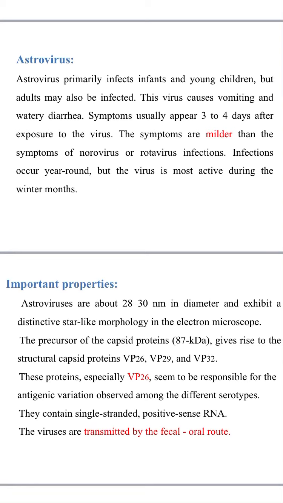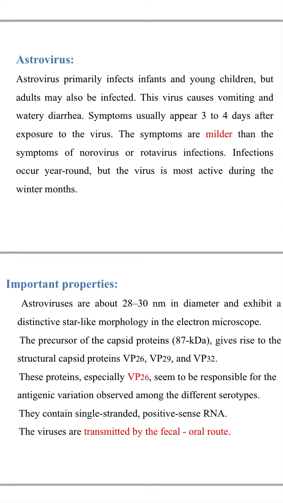Important properties. Astroviruses are about 28 to 30 nanometers in diameter. They demonstrate a distinctive star-like morphology in the electron microscope. The precursor of the capsid protein, 87 kDa, gives rise to the structural capsid proteins: viral protein 26, viral protein 29, and viral protein 32.